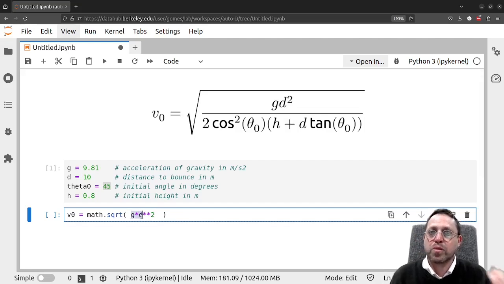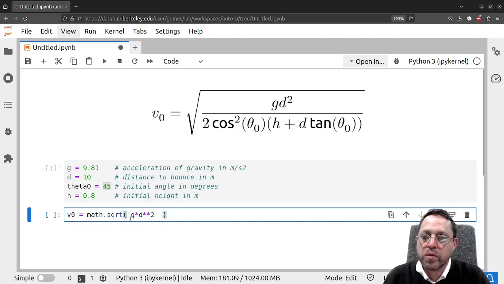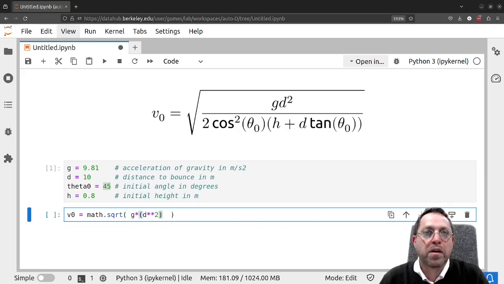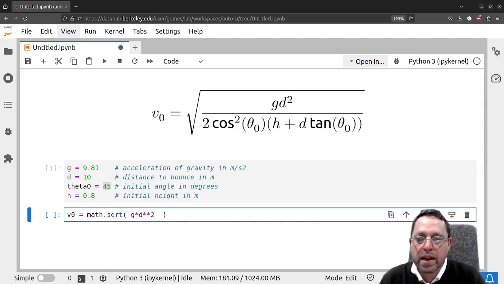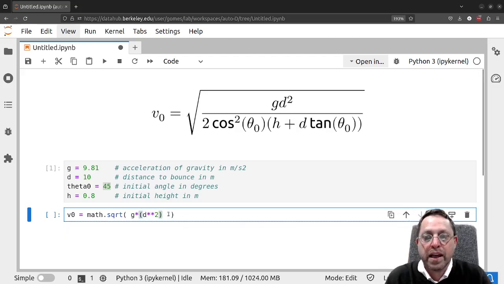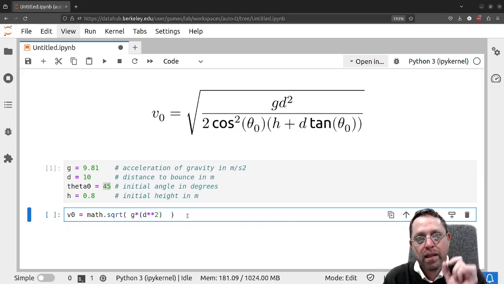This has to do with the order in which Python executes the operations in an expression, and we'll talk later about how the order of operations works. As it will turn out, this will be correct because exponentiation comes before multiplication. But if you are ever in doubt and want to make sure, just add parentheses, and parentheses will ensure that the operation that you want to happen first happens first. So in this case, we do this, then divide.